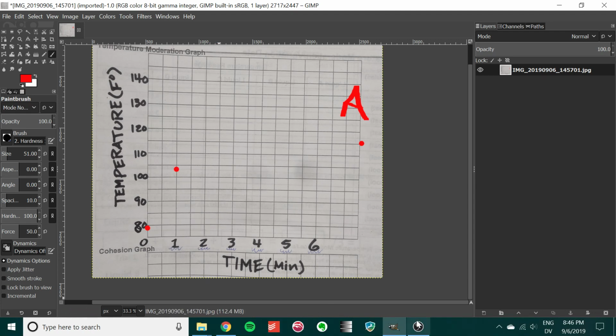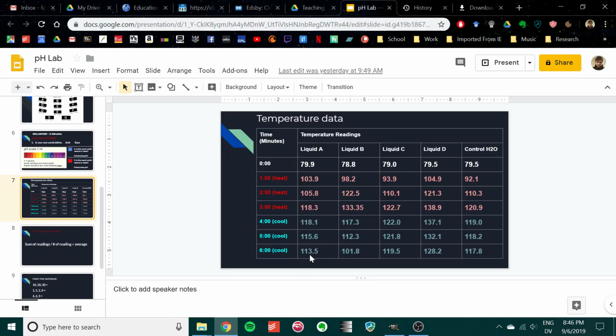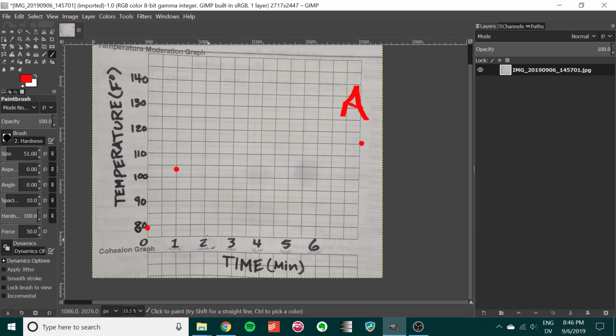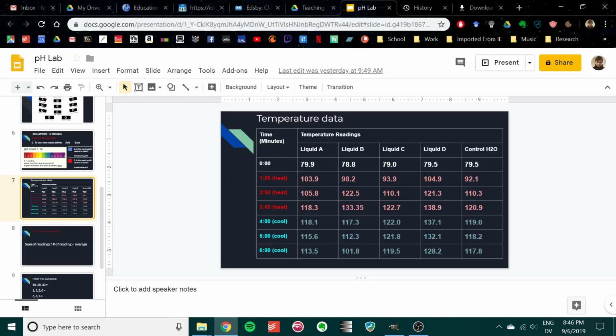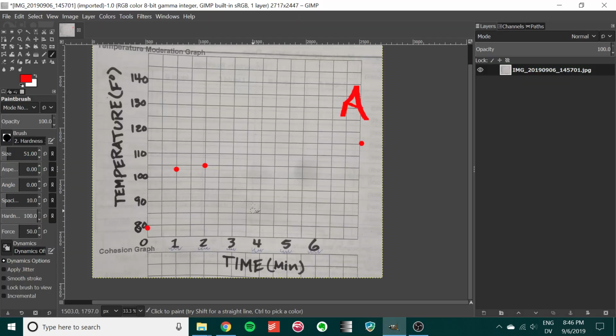So then we do that for each of our points. I'm just going to go back and forth a couple times. Liquid A, second minute, 105. Second minute, all the way up to 105 right there. Then we go back. Third minute, liquid A, 118.